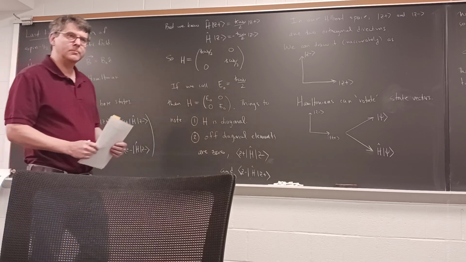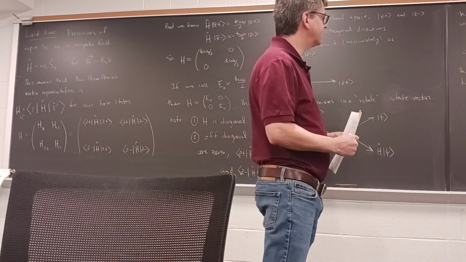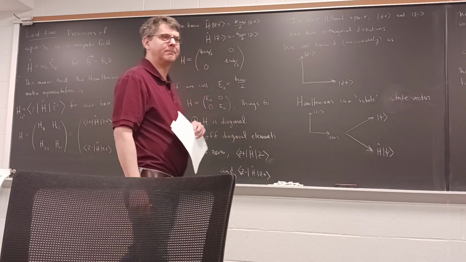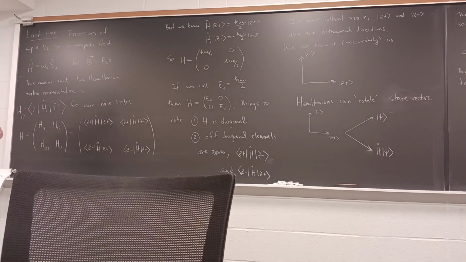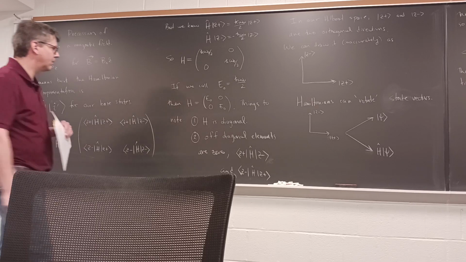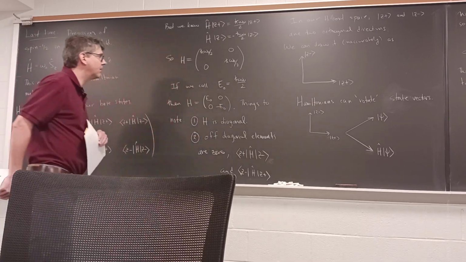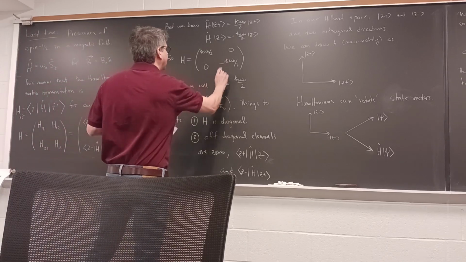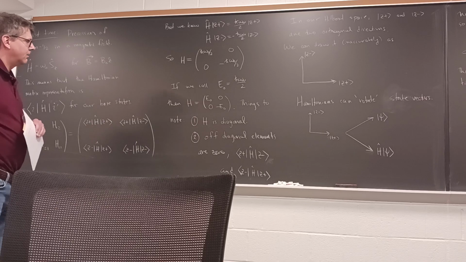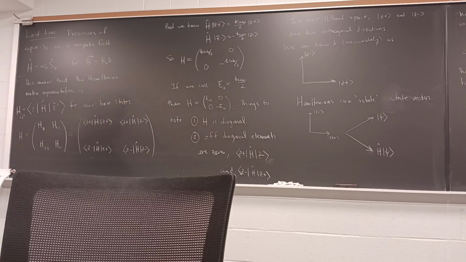So this psi of t plus delta t is the same as the H. Right, and the H equals that matrix with E0, and E0 is H bar omega 0. The omega 0 is the angle, right?